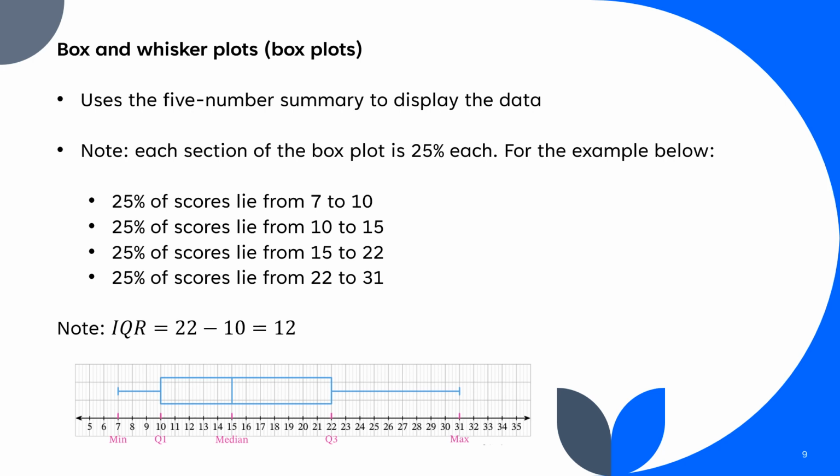And note from the box and whisker we can also determine that the IQR is 22 minus 10, which is 12, which is what we got in our example. So if I wanted to know the percentage of scores from 7 to 22, and I was only given the box and whisker, that'd be 75%, because each section would be 25%.